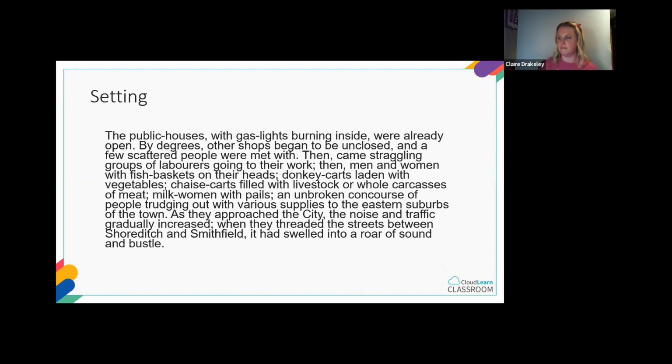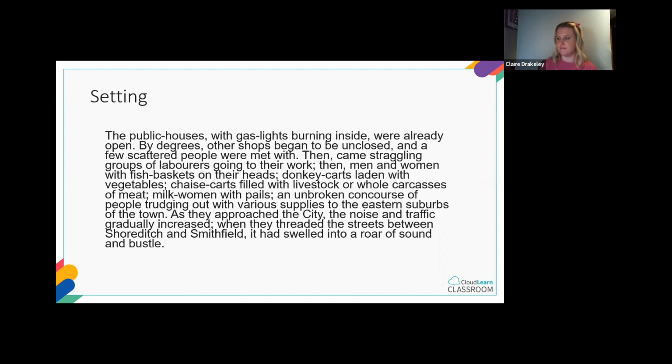Then came straggling groups of labourers going to their work, then men and women with fish baskets on their heads, donkey carts laden with vegetables, chaise carts filled with livestock or whole carcasses of meat, milk women with pails, an unbroken concourse of people trudging out with various supplies to the eastern suburbs of the town.